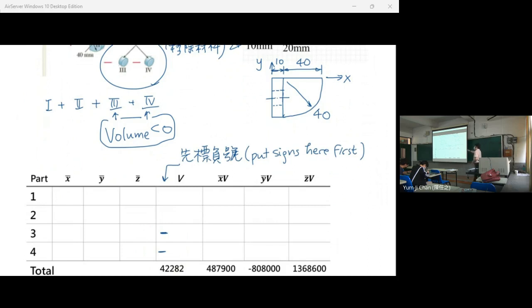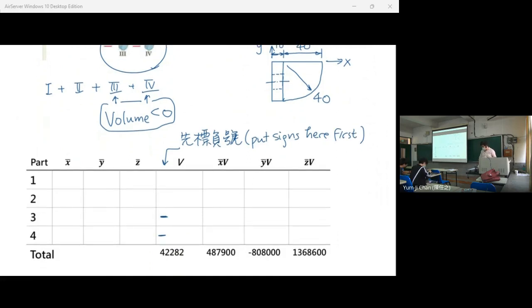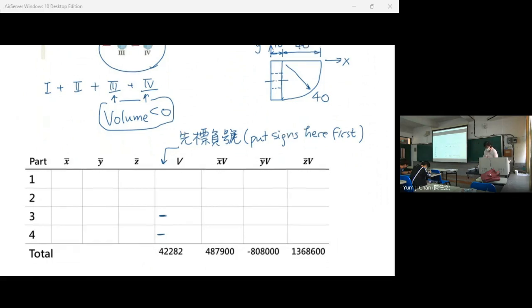Put negative signs here first, and you will then calculate everything right. I will put in some numbers, and you do the rest. Okay. Let me put in some numbers here.